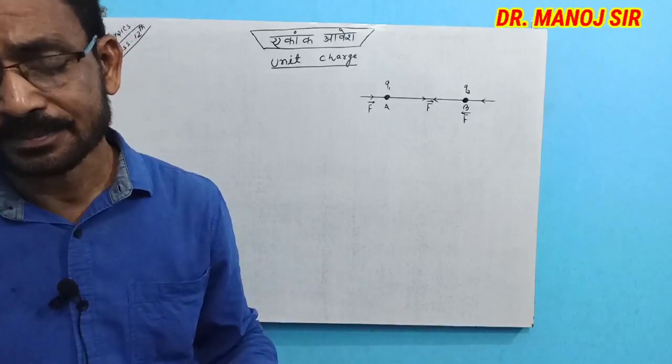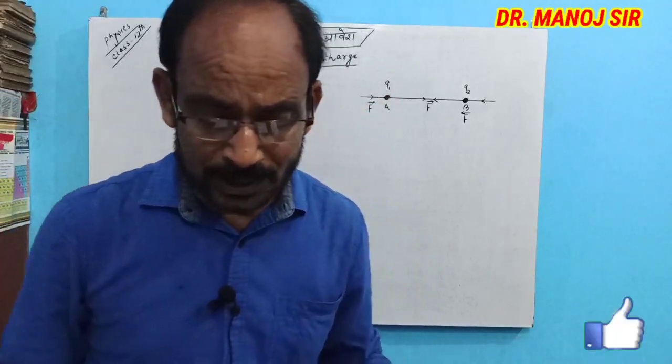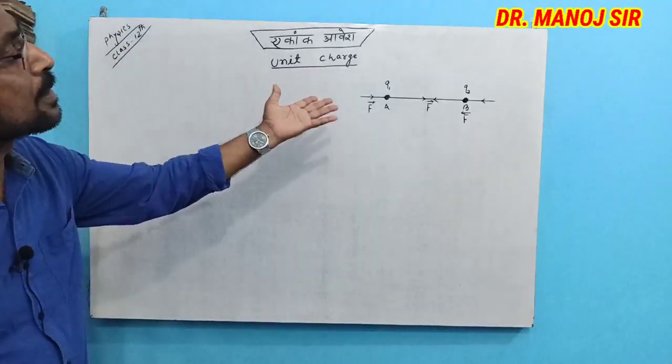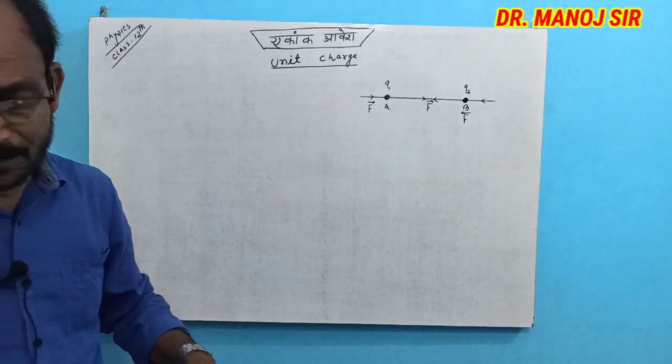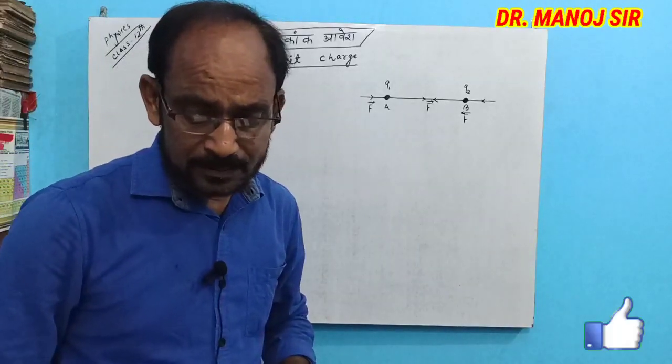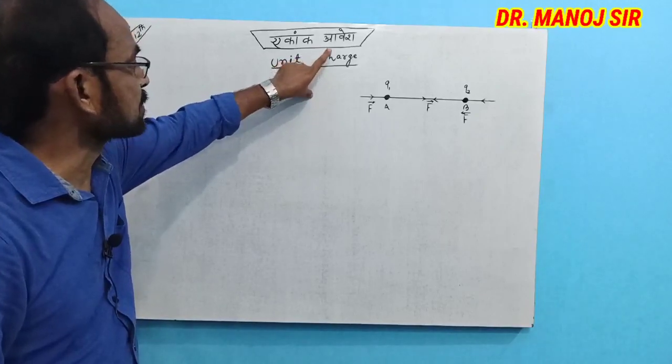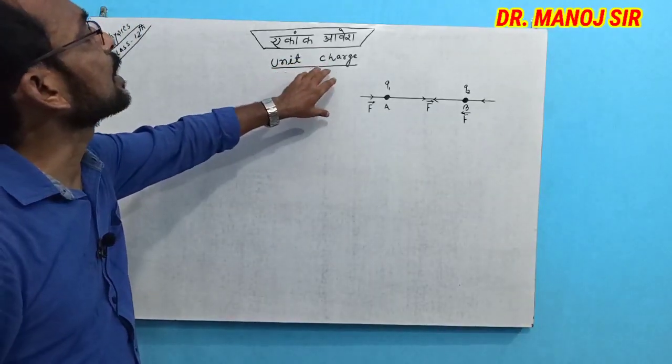We are now going to establish F equal to 9 into 10 to the power 9 Newton due to unit charge, एकांक आवेश.